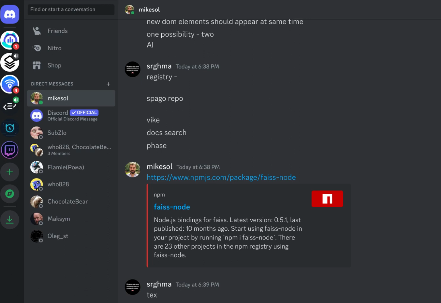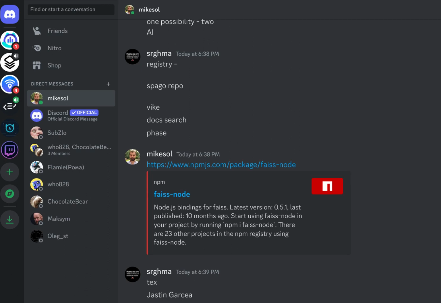I hate the PureScript import, and Haskell. This module system, like import data, blah blah. And there is a clash in PureScript, right?